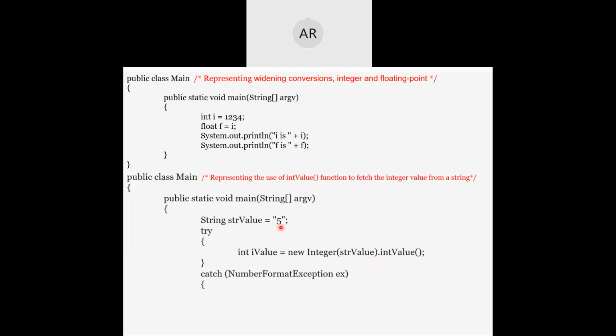So for converting string to integer type, I am making use of one predefined class called Integer, and I am passing the value contained in this string, that is, within the double quotes 5, and I am making use of one predefined function called intValue to convert that value 5 to its numerical value, and I am keeping that numerical value into I value.